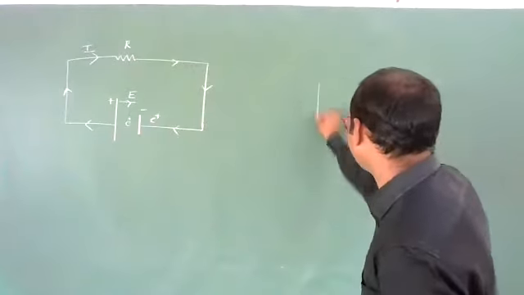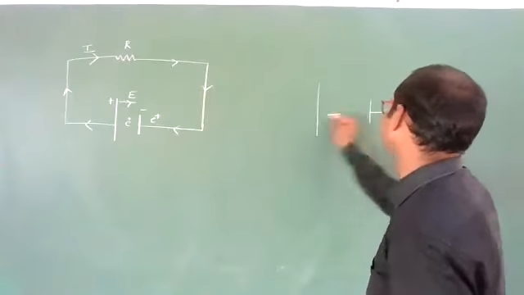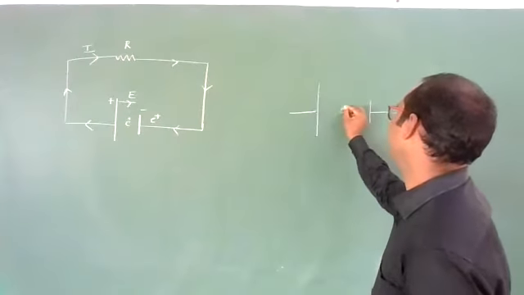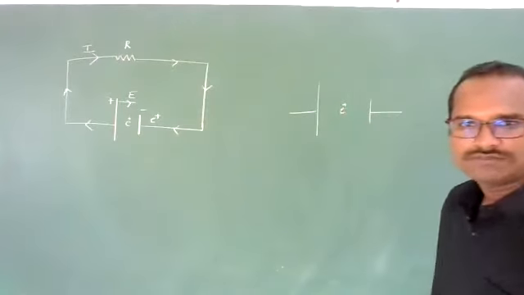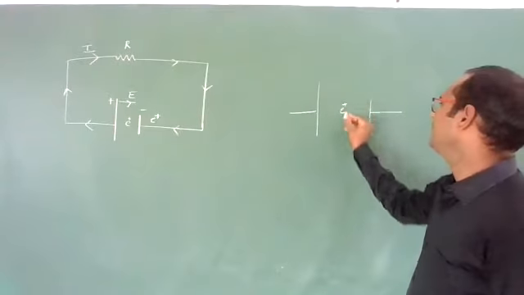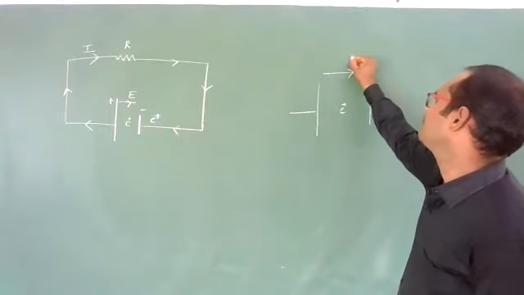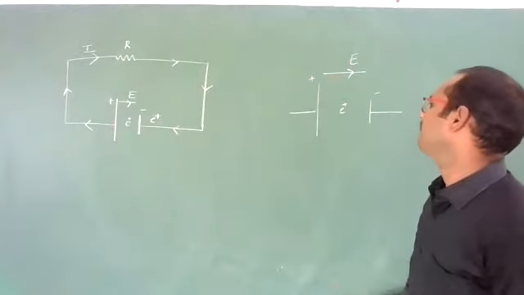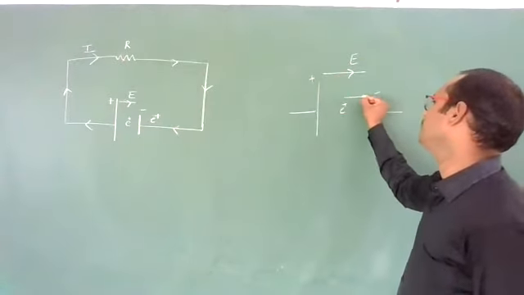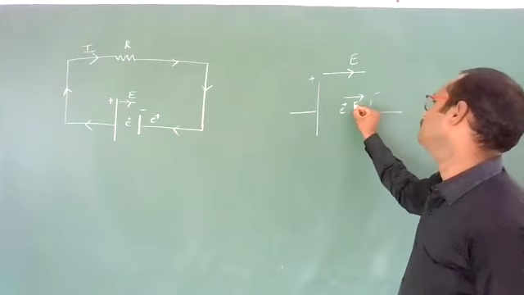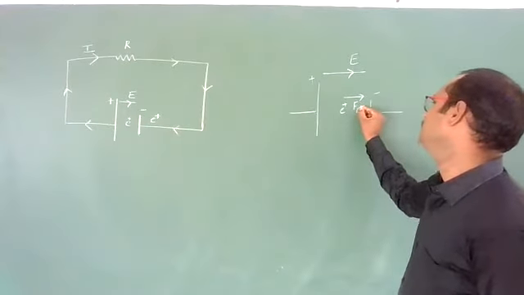Let us suppose this is a battery; I am explaining here. Once the positive charge enters the battery, a force due to this electric field, which is set up between the positive terminal and negative terminal, will act in this direction.